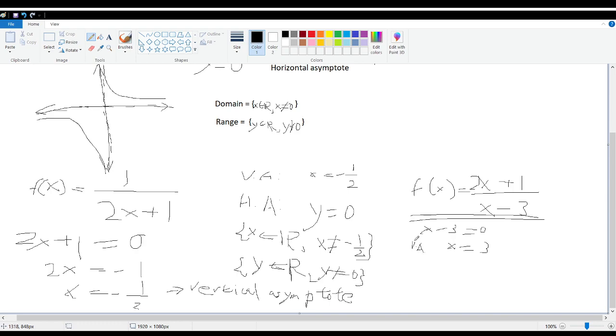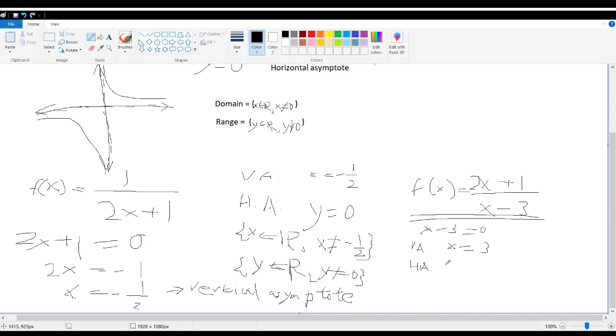How about the horizontal asymptote? As you can see, the degree of x in the numerator and the denominator is the same. They're 1.